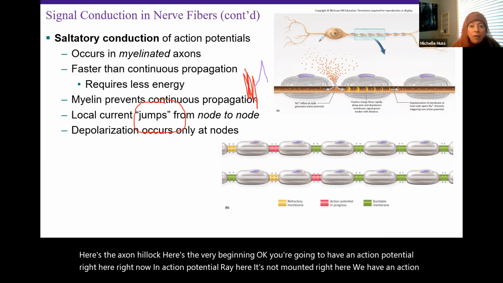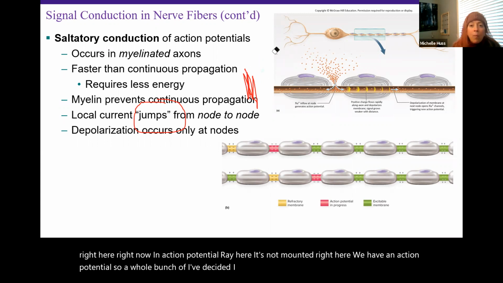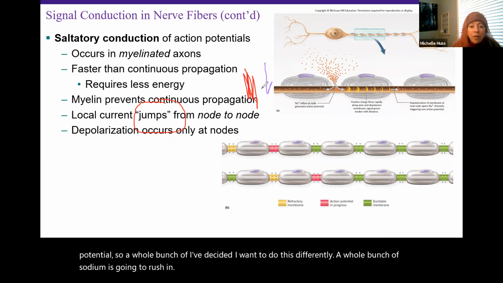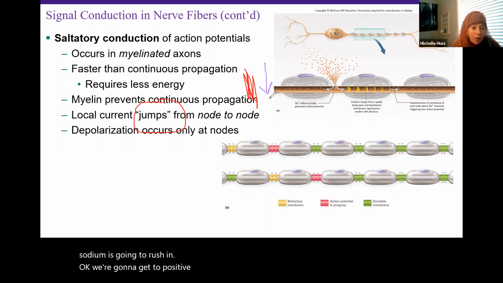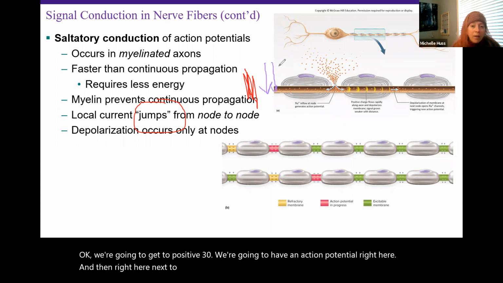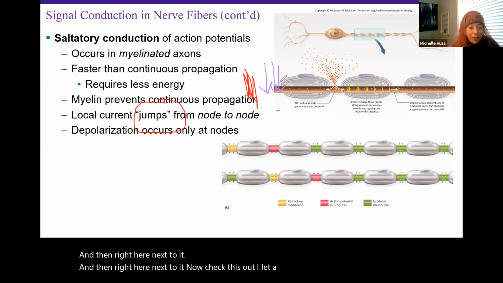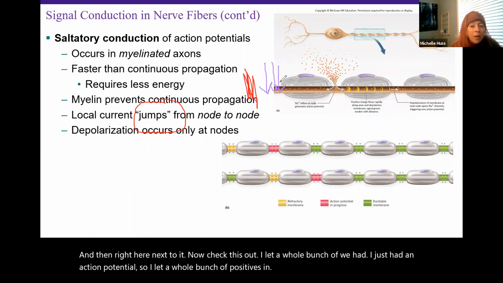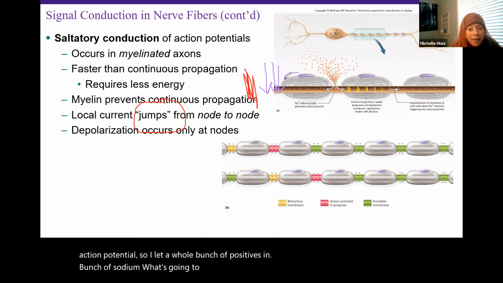A whole bunch of sodium is going to rush in, okay? And we're going to get to +30. We're going to have an action potential right here, and then right here next to it, and then right here next to it. Now, check this out. I just had an action potential, so I let a whole bunch of positives in, a bunch of sodium. Because I'm insulated right here, I won't lose any of that sodium.